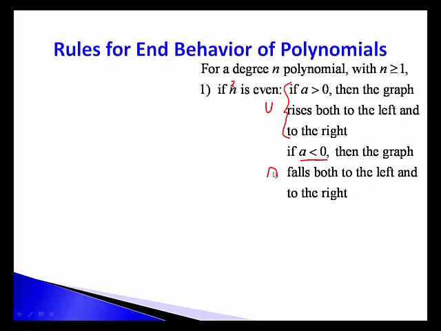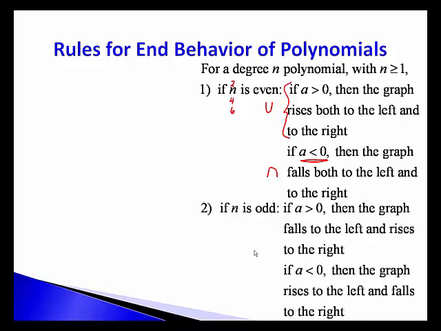That means your parabola falls to the left and falls to the right if a is less than 0. What you gain from this is that you also know that the end behavior of a 4th degree polynomial is the same. And you also know the end behavior of a 6th degree is the same. That may help you remember what to do on these even degree polynomials.